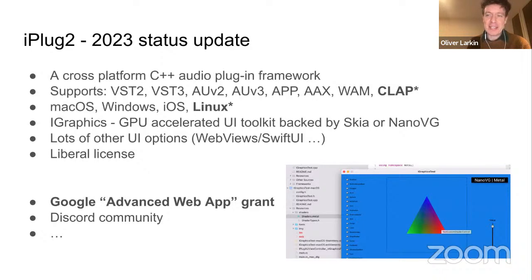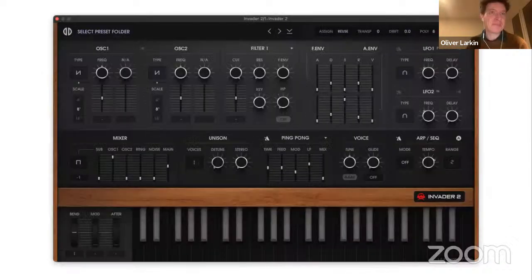I just wanted to quickly show a few of the cool plugins that have come out over the last couple of years using iPlug 2, things that I particularly like, before I get on to talking about neural plugins.